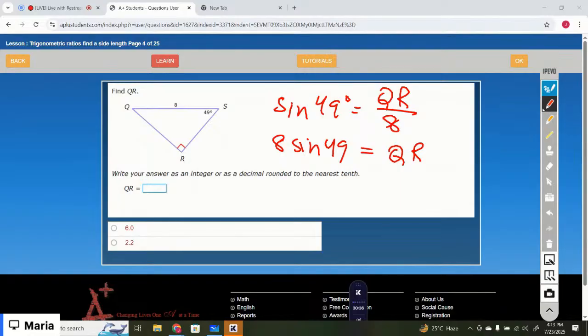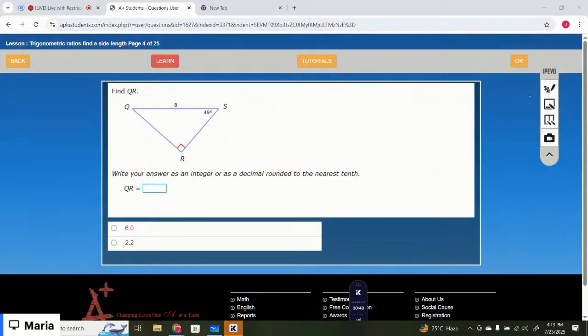Okay, that is 6.0. Option number 1 is the correct option.